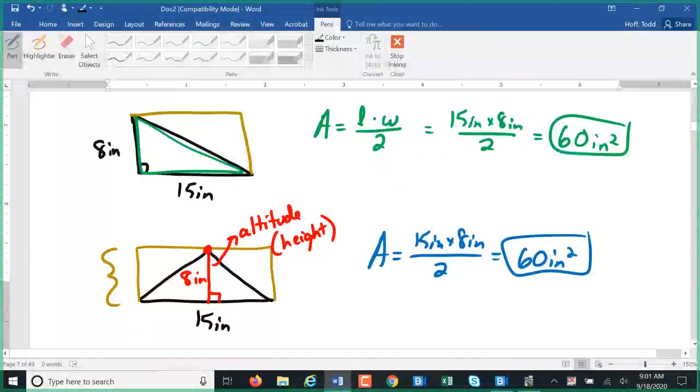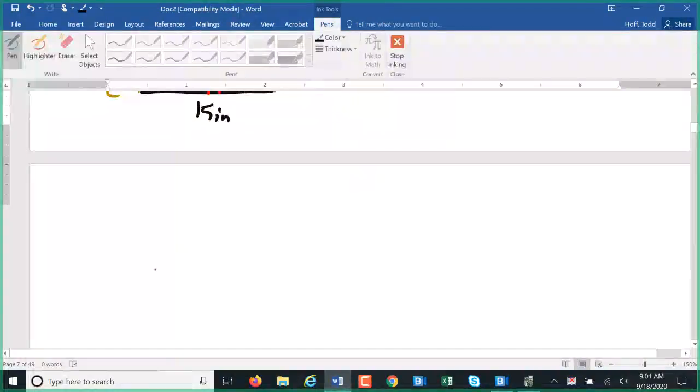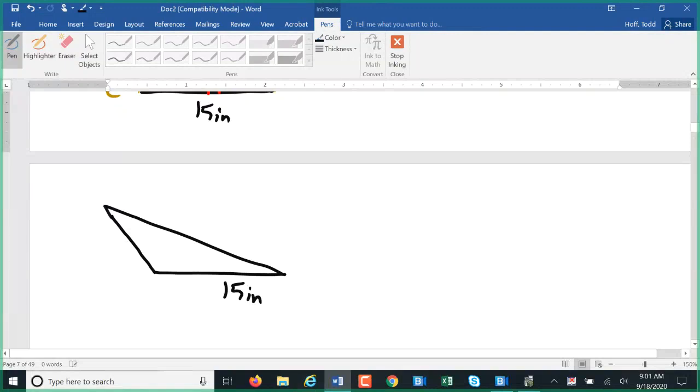Where it's a little more difficult to see is if the triangle doesn't stack up straight like that. Let's say we have 15 inches here, and our triangle slants off like this. That's not as easy to see.